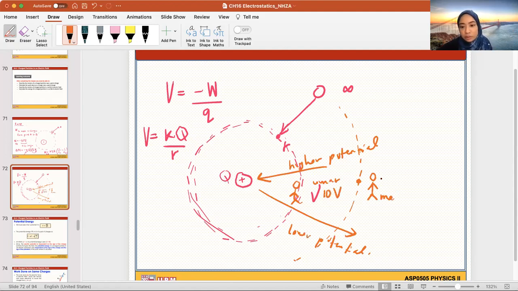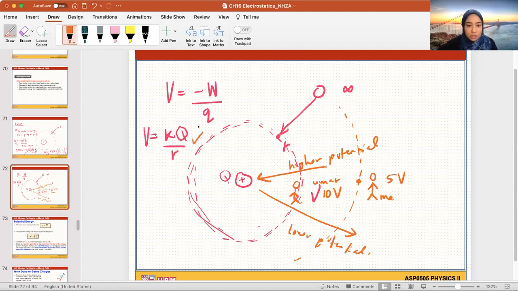Pretty good. So I'm away from the source charge, I'm further away, which means that I will feel a lower or a higher potential. Lower, right? I'm away from the source charge, which means that I will feel something lower. Let's say it's 5 volt. And how do I calculate specifically what is the value?